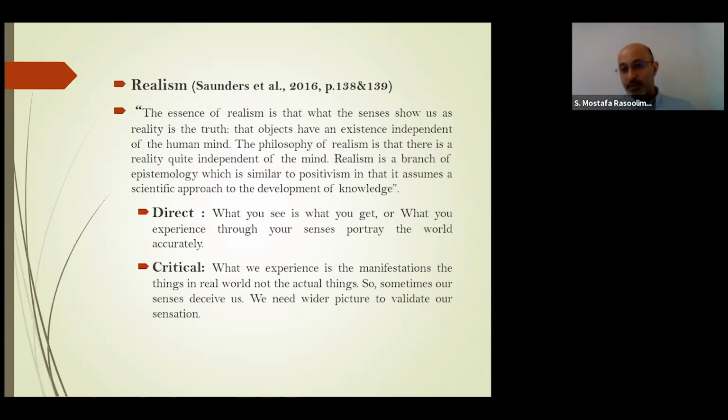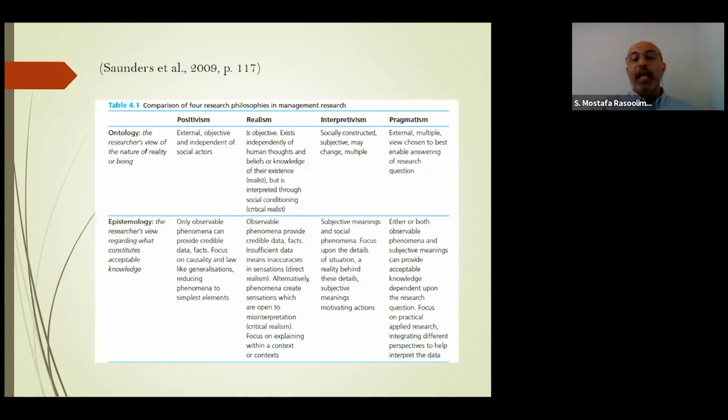Sometimes it's not possible. So if we think our research should be quantitative, but we are working with subjective concepts, our paradigm will be very close to realism. But if we are working with objective concepts, our paradigm is close to positivism. And it can also be pragmatism.